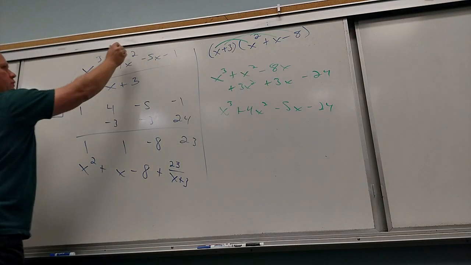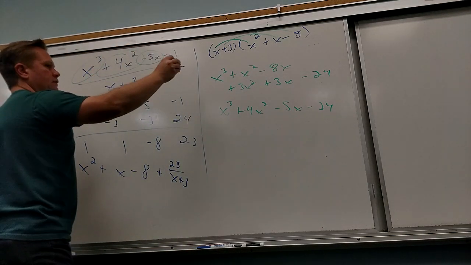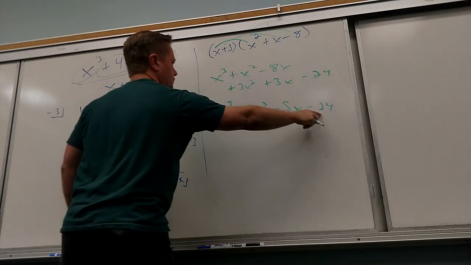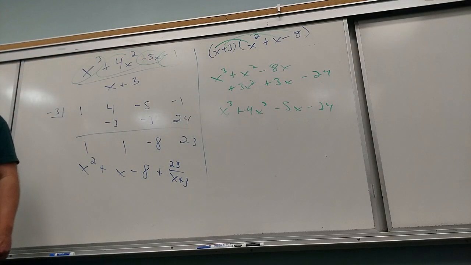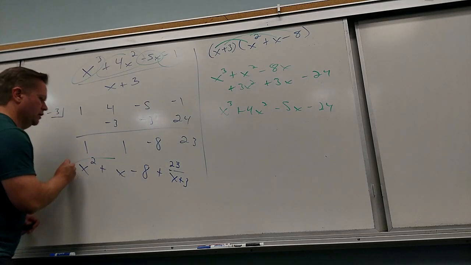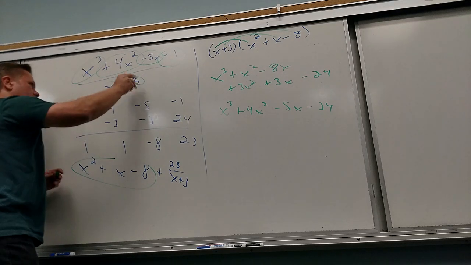This is off by how much? Negative 23. By 23. You can see that? This is how much off this times this is from being this.